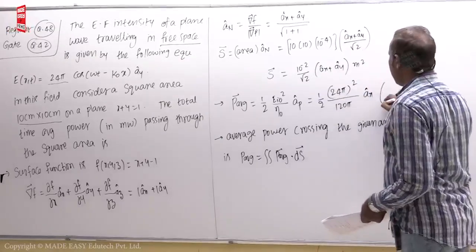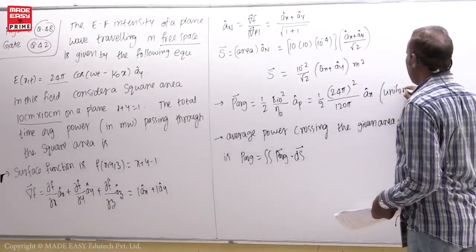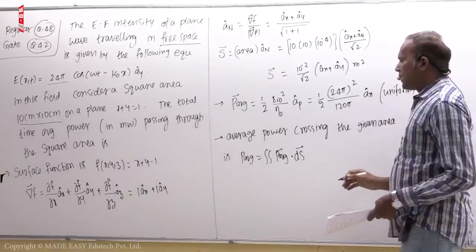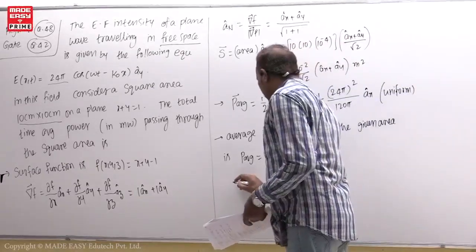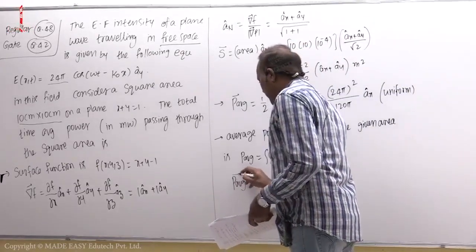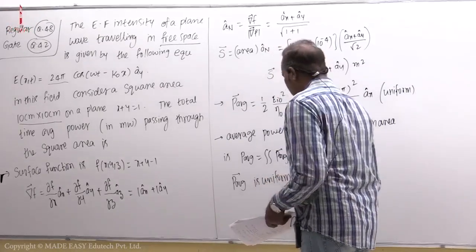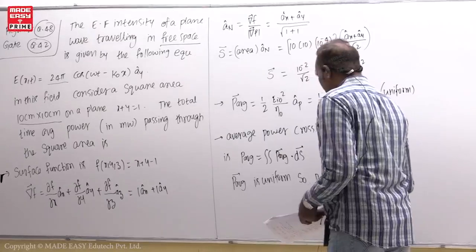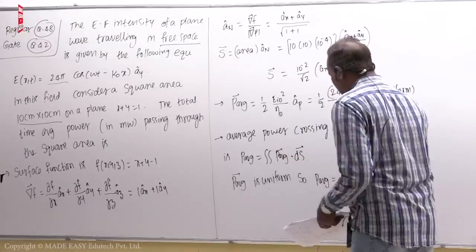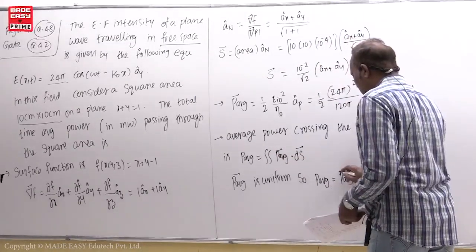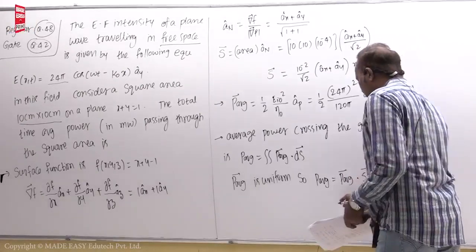You can see here P_avg bar is uniform. Uniform means it is not a function of distance. So P_avg bar is uniform, so average power is P_avg bar comes out, then double integral ds bar means s bar.